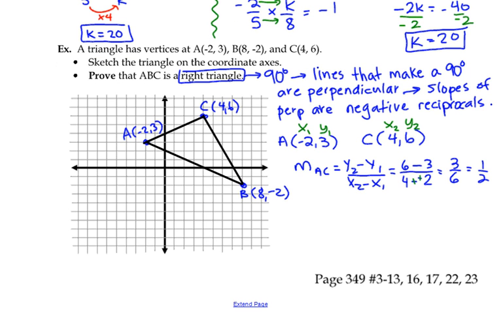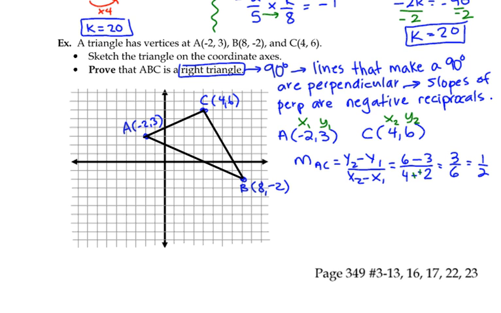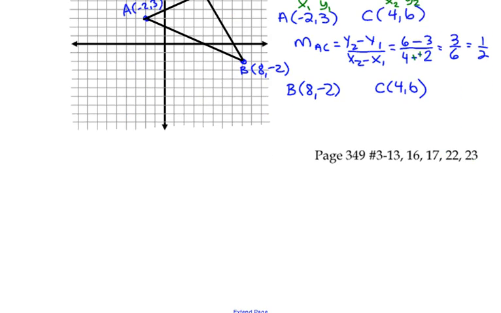Now what other 2 points do we want to use? BC. So point B and point C. So B was (8, -2), and C was (4, 6). So again, we want to find the slope of BC. How do we start it off? y2 minus y1 over x2 minus x1.